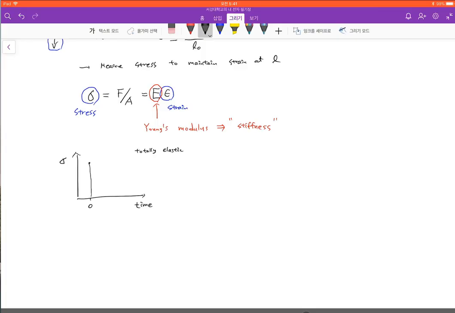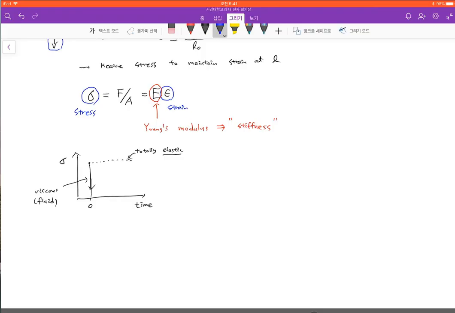When you maintain the specific amount of tensile strain, then the stress will be constant. This is the totally elastic case. If it is simply viscous, or liquid, fluid, then there will be no stress, right? It becomes totally zero.